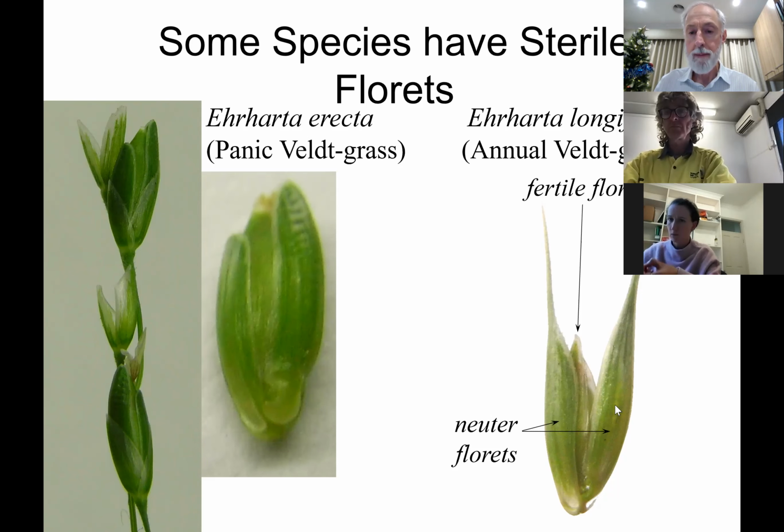So is this one. The ancestors of the Ehrhartas and Microlaenas would have had probably 3 florets, and all 3 of them would have produced a grain. But in the Ehrhartas and the Microlaenas, the 2 outermost ones, or the lowest ones, if you like, no longer produce grains and instead have a completely different function.